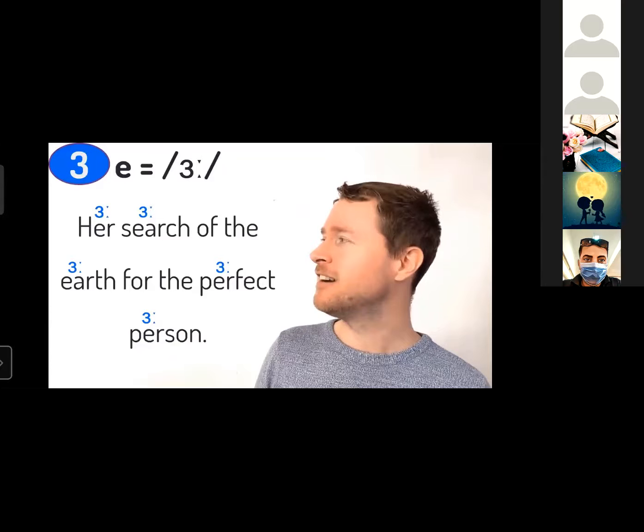Yes, go ahead. Her search of the earth for the perfect person. Great. Another one. Can you hear me? Yes, I'm listening. Go ahead. Her search of the earth for the perfect person.